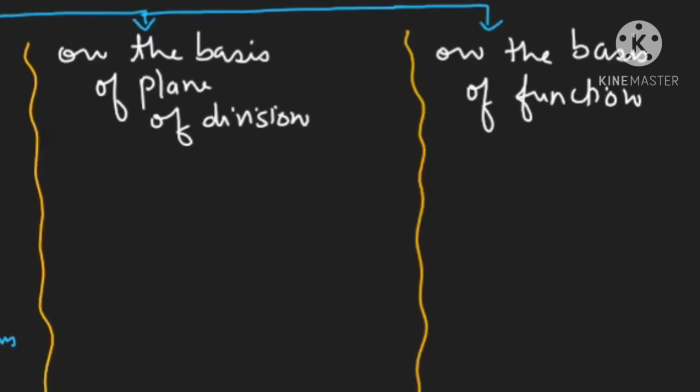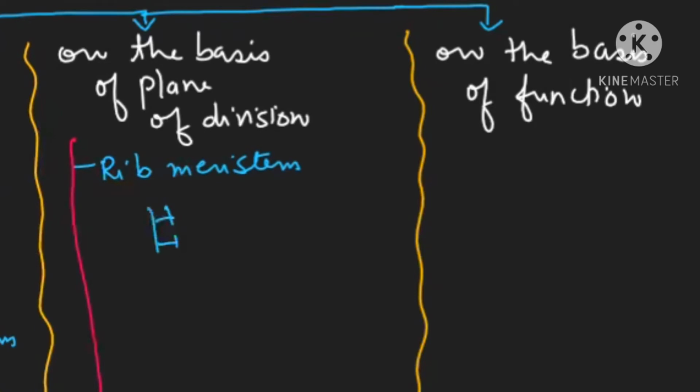Now let us see based on the plane of division. Again there are three types. Try to understand. First is rib meristem. For rib meristem, try to understand one diagram. Imagine this is your epidermal cell, and it has to give rise to a root here. So branches are coming.